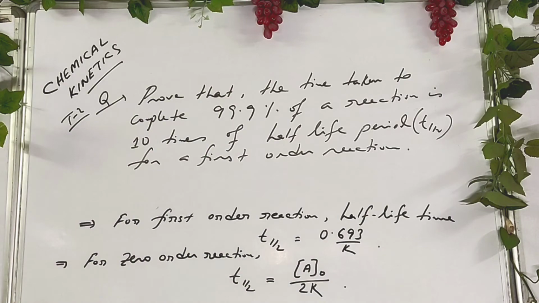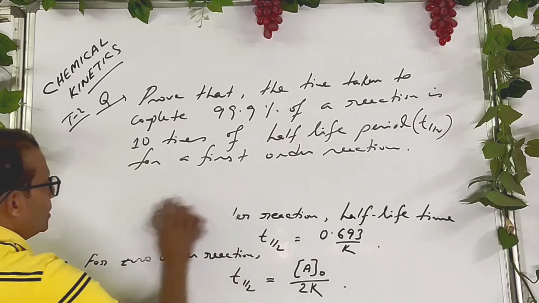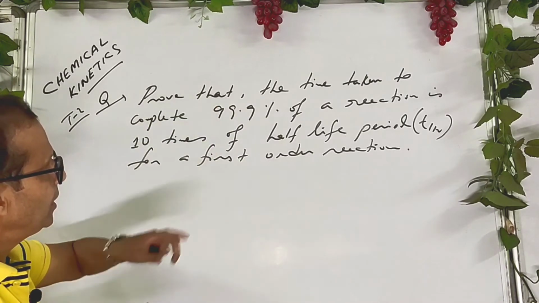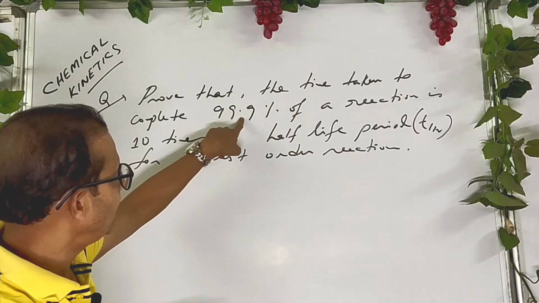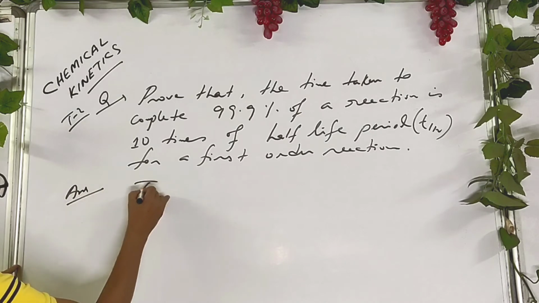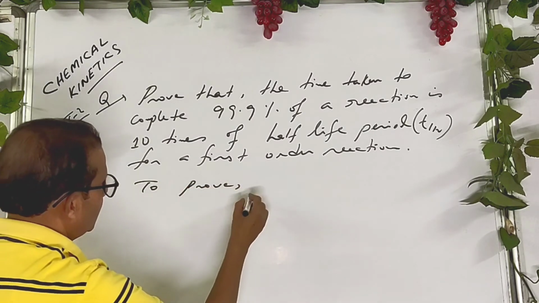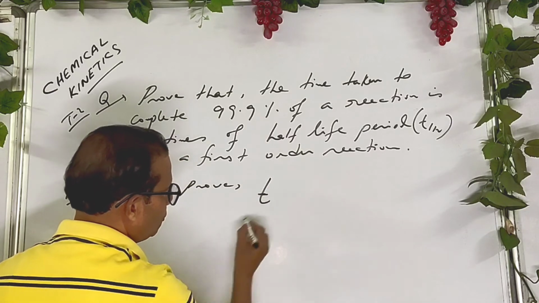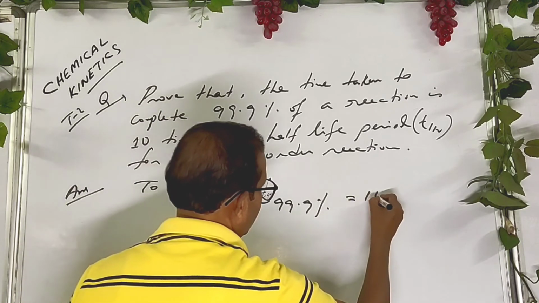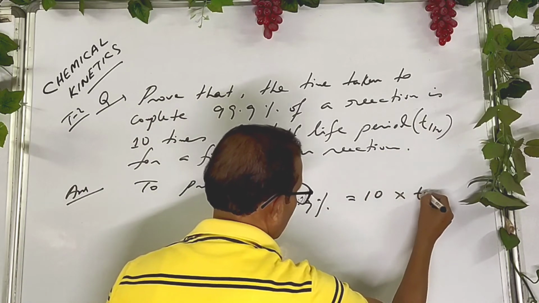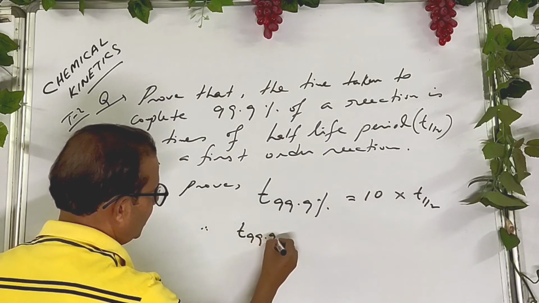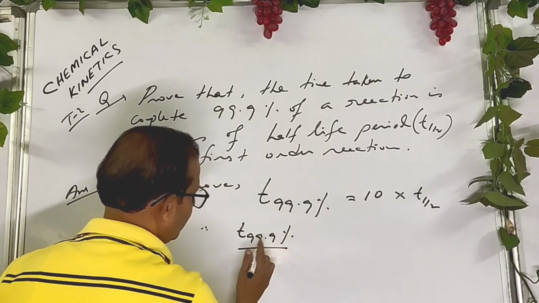So this is very important. Okay, see the answer. To prove that the time taken to complete 99.9% of a first order reaction is 10 times the half-life, just find the time taken to complete 99.9% of the reaction divided by the half-life.